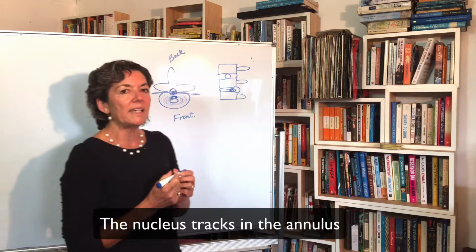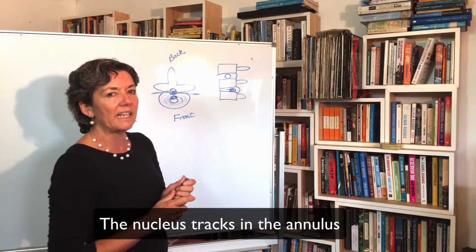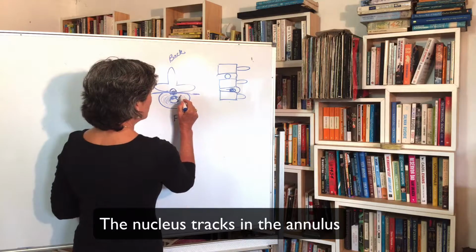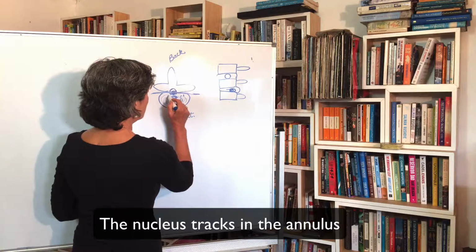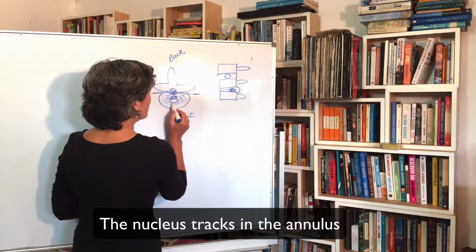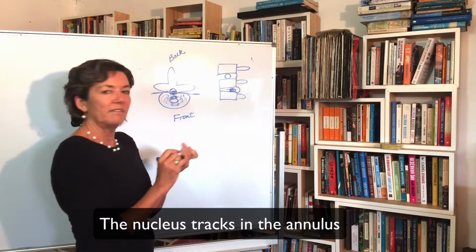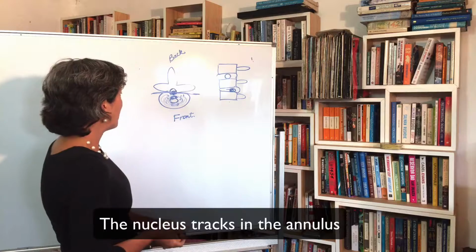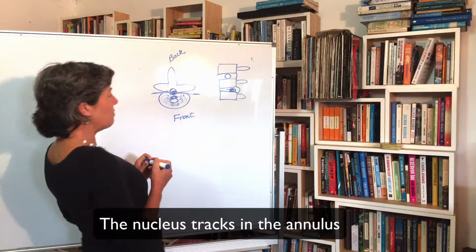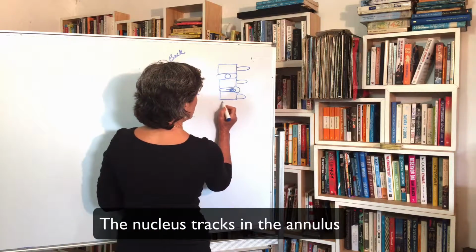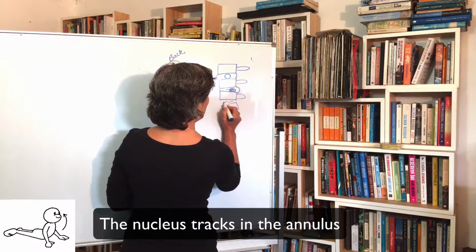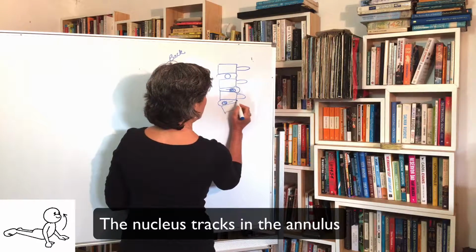And what happens then is the annulus gets little tiny tears in it because it's always pushed back. And so we get these little tiny tears in the annulus, it gets weaker. And this bit here actually gets sort of stiffer because it's never ever stretched as it's meant to. When we arch backwards, that nucleus shoots forwards, and it does that.